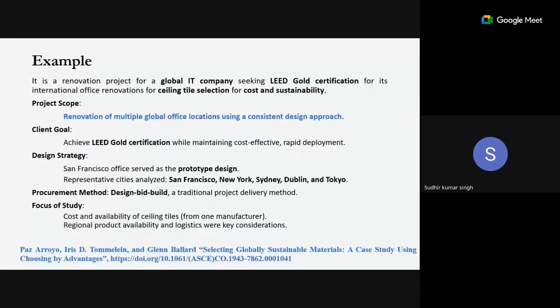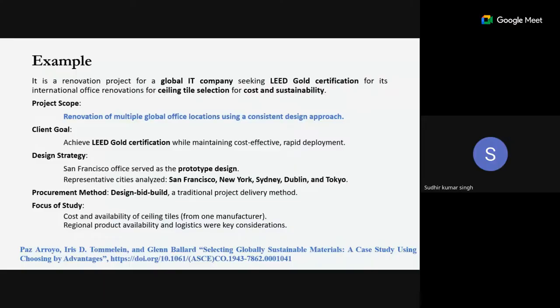It means they don't want to change much of the design. So their ceiling tiles should look alike because, you see, if there is a chain of hotels, everywhere the interior is the same. So they want to keep it that way. And they want to achieve the LEED Gold certification. Naturally, carbon emission equivalent will be a major criteria for this gold certification.